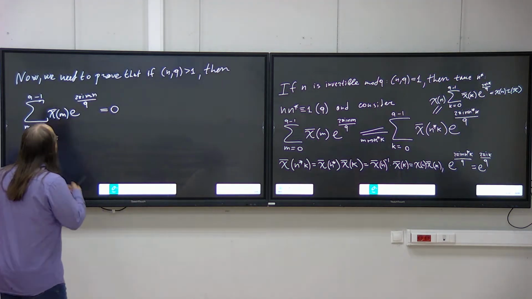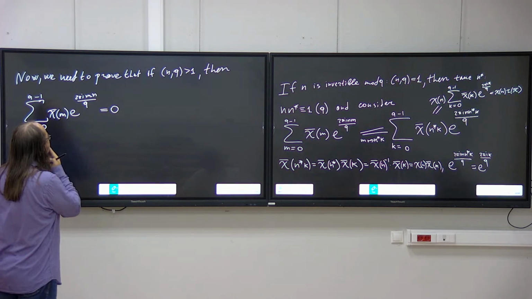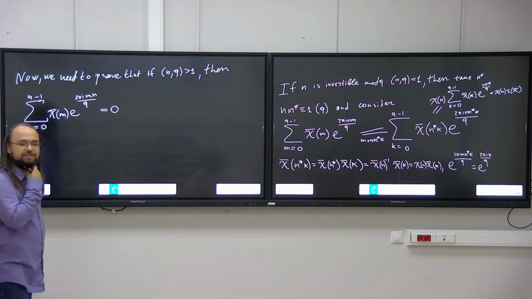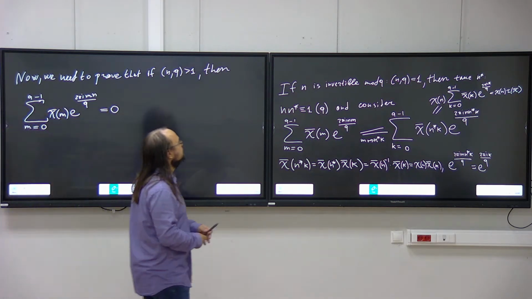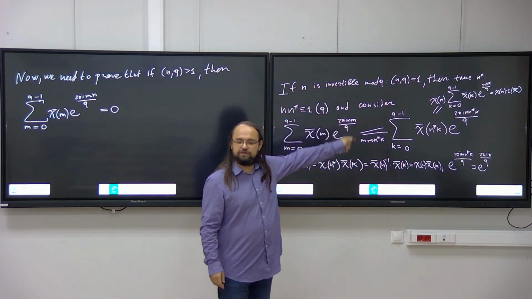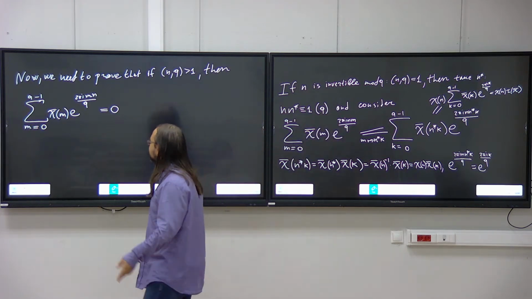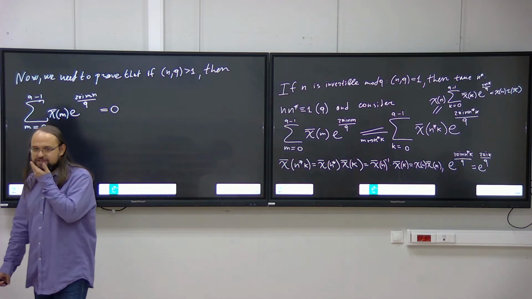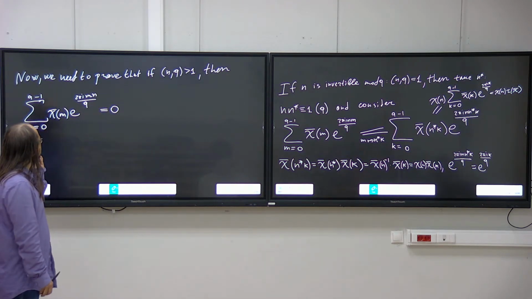Okay, so how do we proceed? Didn't we just prove this? No, we only proved it if n is invertible. And what do we do if n is not invertible? Then we need to do something else.